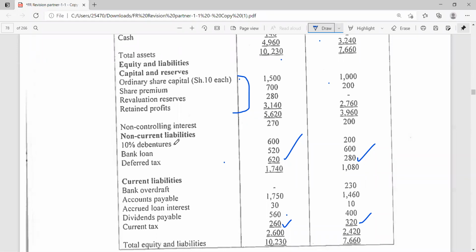Then I have to consider even liabilities. So debentures, I have to consider bank loan. I don't have to consider deferred tax because that one has already been considered. We combined with current, we subtracted up there and operating activities. So I have to consider these items under equity, 10% debenture, bank loan, and the only thing under current which I have to consider is interest, this one.